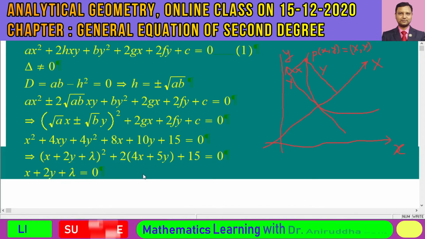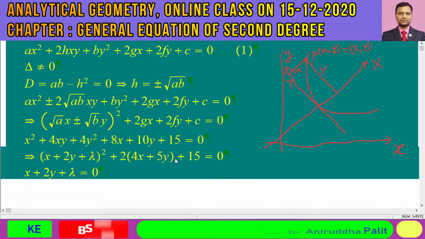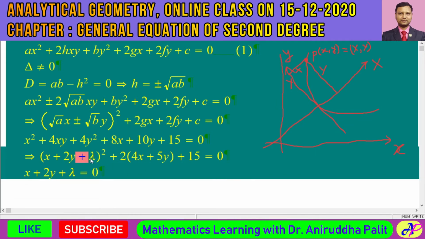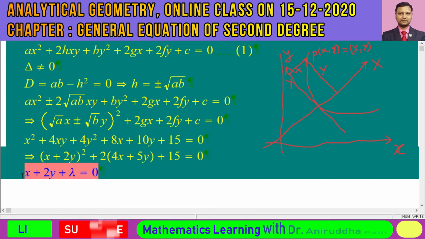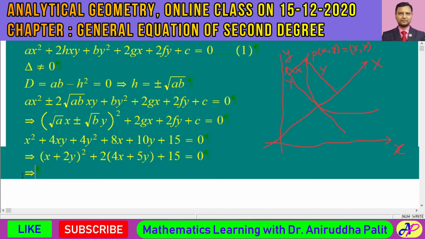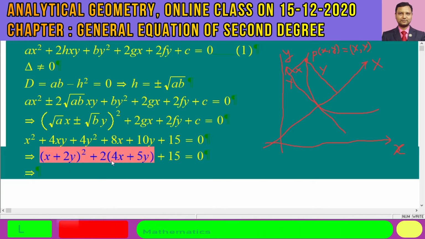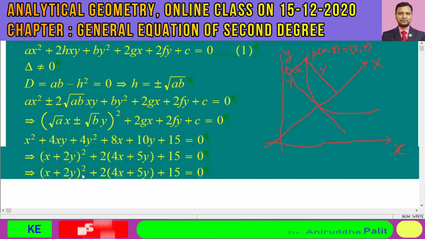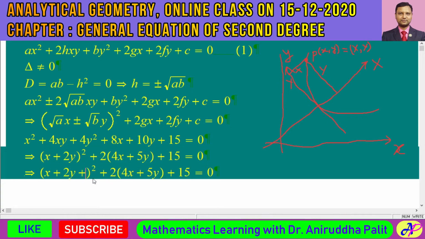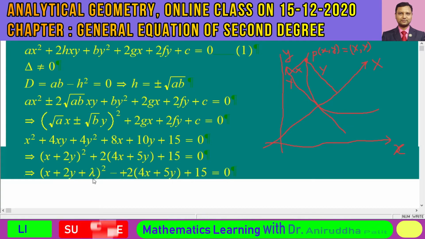Now, how to consider such a line? You see, if we add some delta, then the corresponding adjustment must be there. Initially, we had only this much expression. Now, if we want to add some constant lambda in this vector, then I need to adjust something.